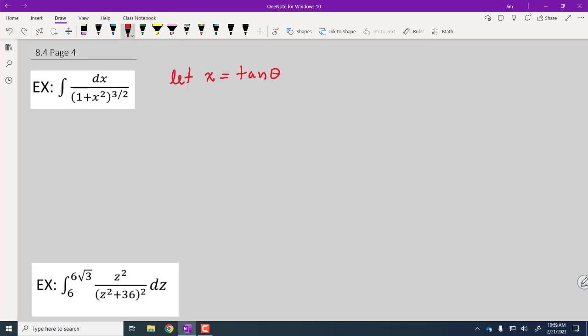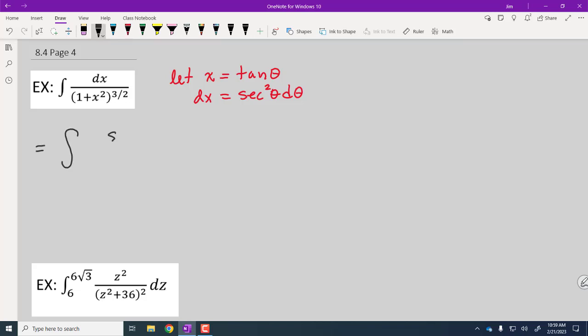So take the derivative of both sides. The derivative of x is 1, so we have 1 dx. The derivative of tangent is secant squared. So now all things x must turn into all things theta.